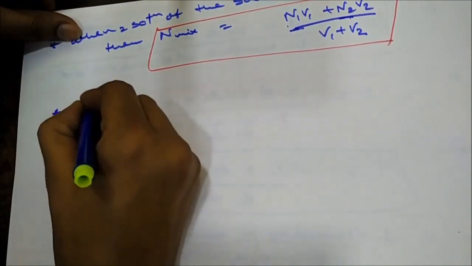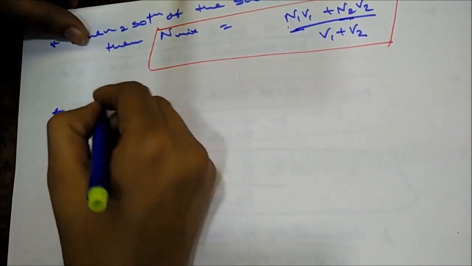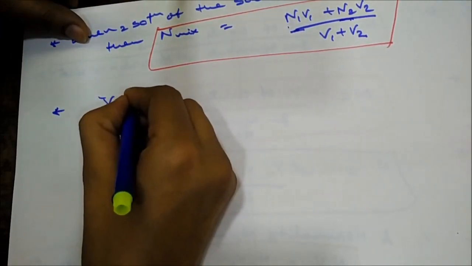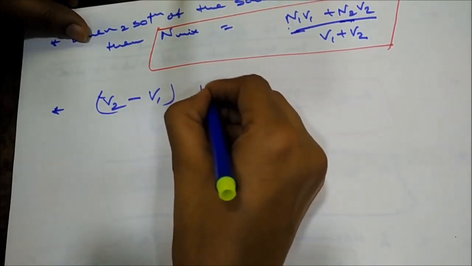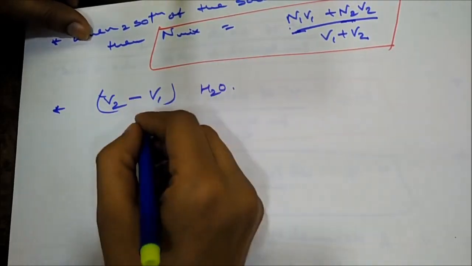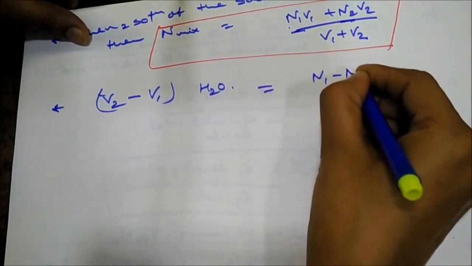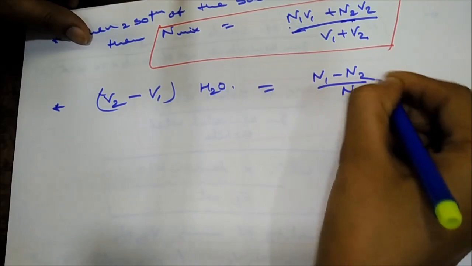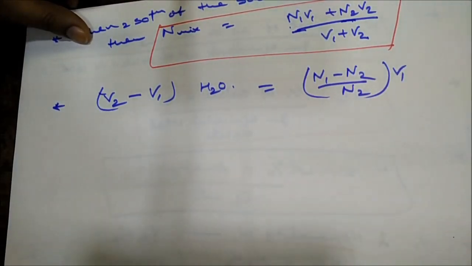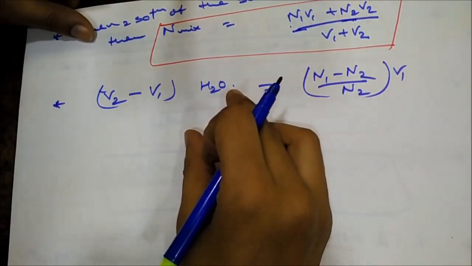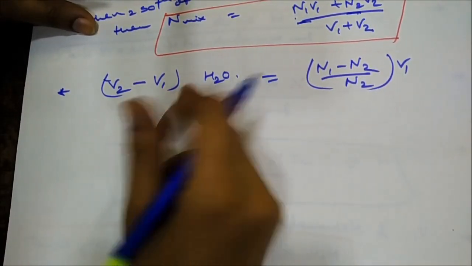Here if water is added to a solution, then the volume of water will be calculated by this equation, N1 minus N2 multiplied by V1.